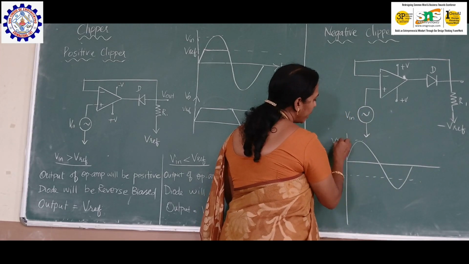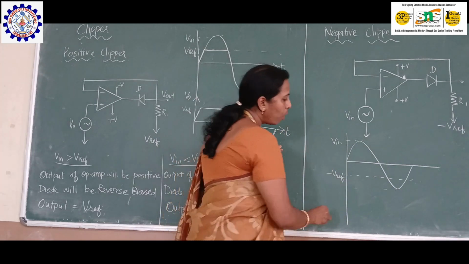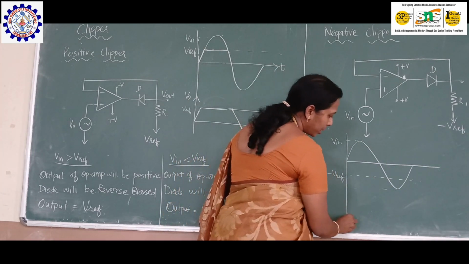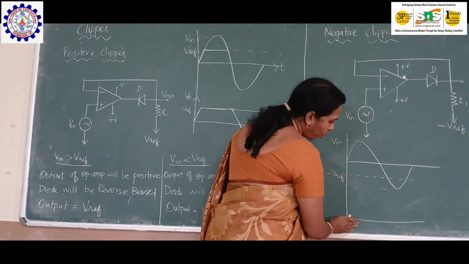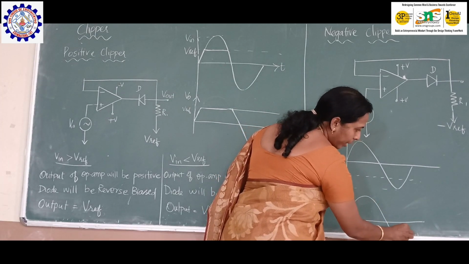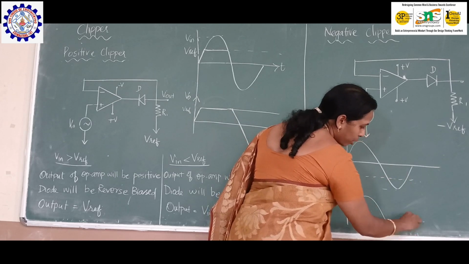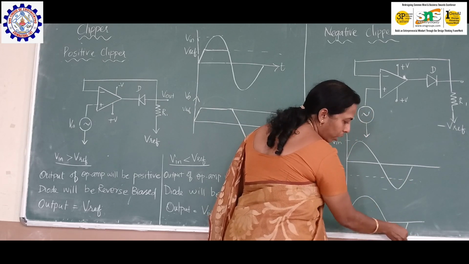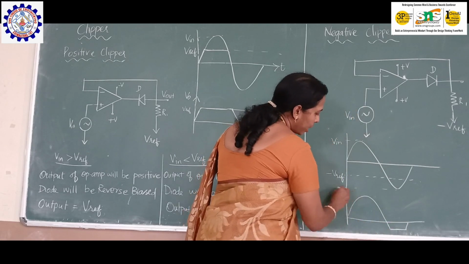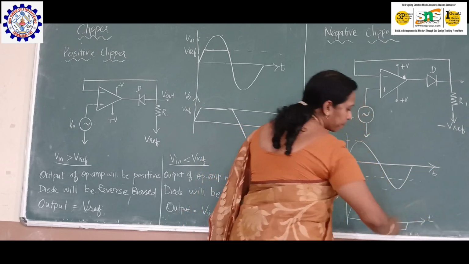So this is V in, and here it will be minus V in, right? The negative part of the signal will be clipped, and so we will be getting the positive part and the negative part till the V reference, and below that we will not get the signal. So this will be the output voltage, all over the respective time.